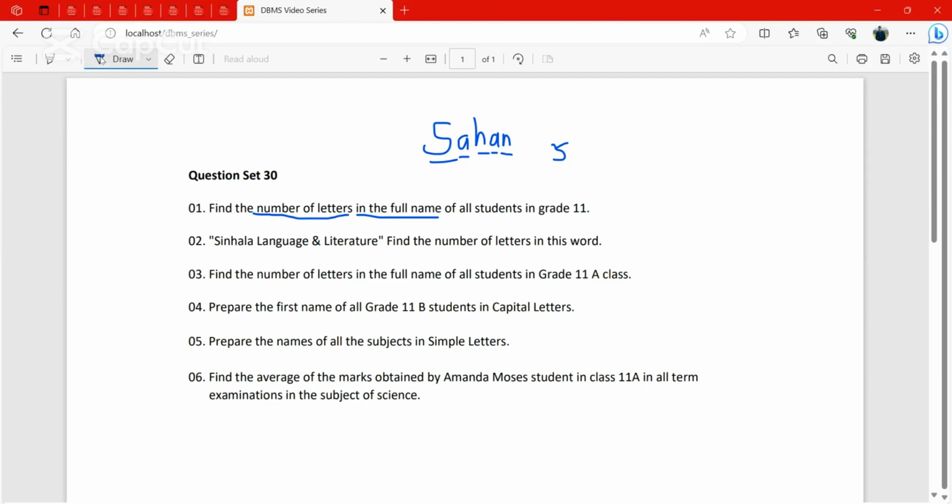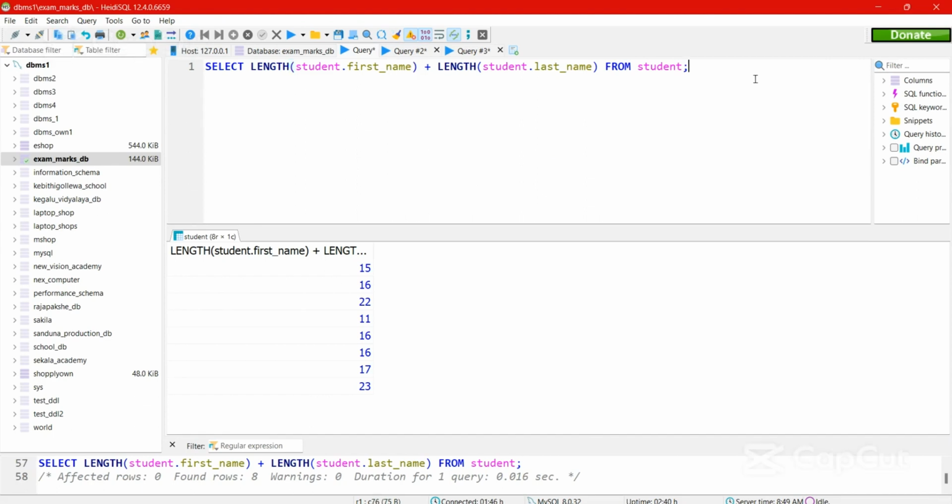Let's see the second one. Sinhala language and literature: find the number of letters in this word. In this question they have told us to find the number of letters in this word. It's easy. Let's do that one also. This is the query for the second question.